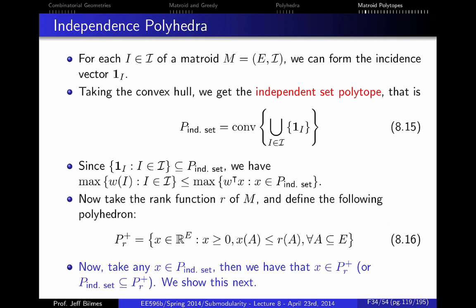Now, if we were to take a vector in P_ind, what we're going to see right away is that it's going to be in this polyhedron. In other words, the polyhedron is, in some sense, an outer bound of the independence polytope. So this is true, and we need to prove that.